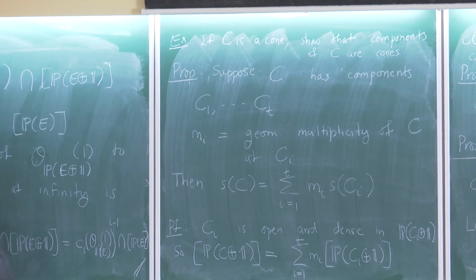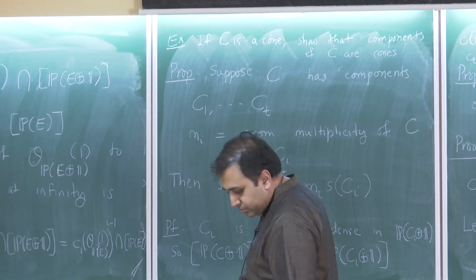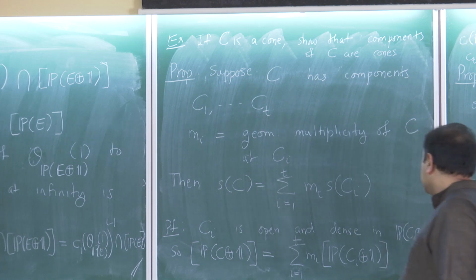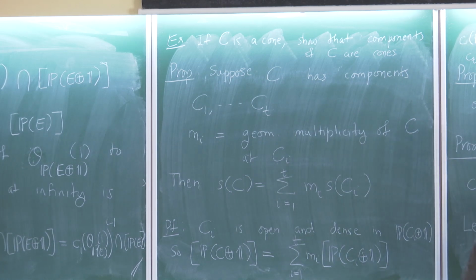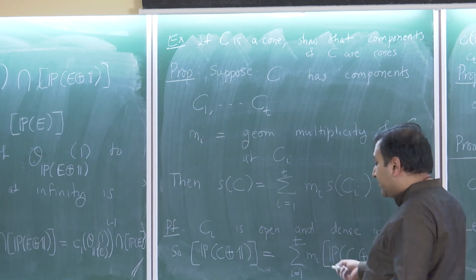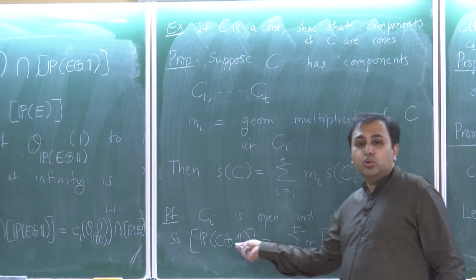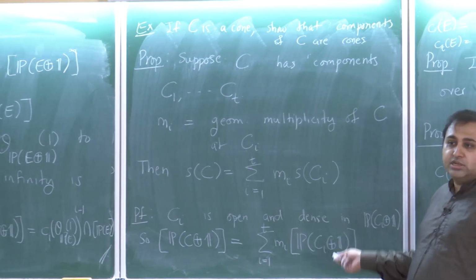Now you just take this and apply the formula, and the result will follow. You also have to use the fact that c1 of this restricts to c1 of each of the components, and that is also there.